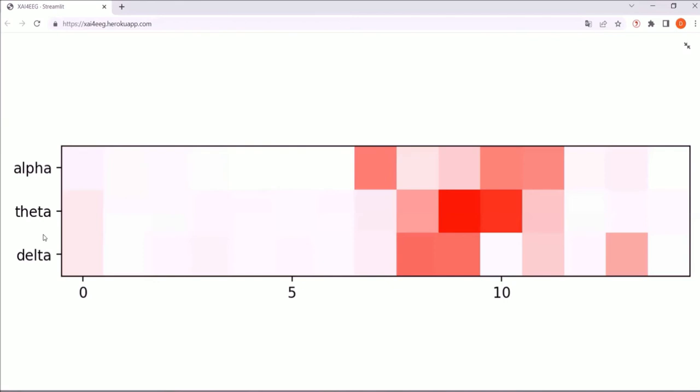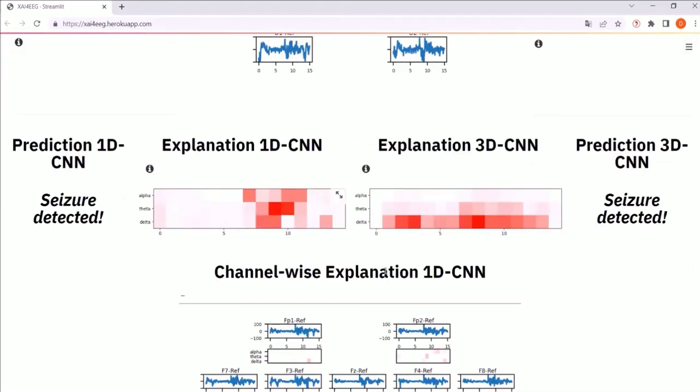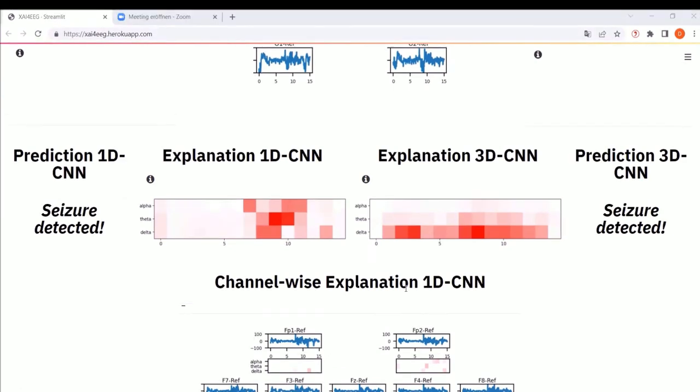The explanation in the spatial dimensions arises from obtaining the feature contributions per electrode and is referred to as electrode-wise explanation. Since EEG time series are characterized by spectral, spatial, and temporal dimensions, and all are crucial for seizure detection, we argue that an explanation of an algorithmic prediction must encompass these three dimensions.